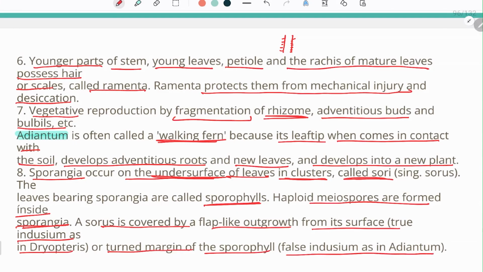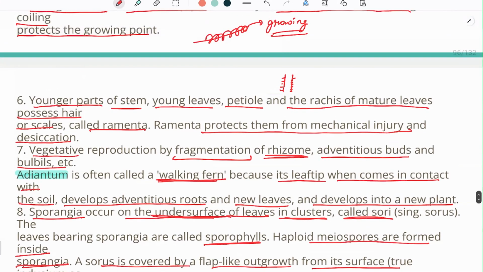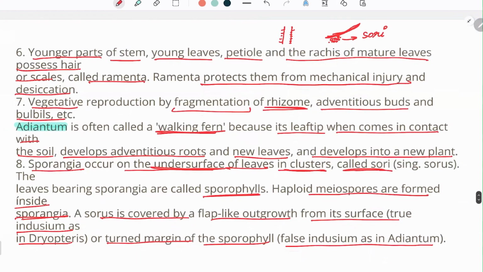So on the undersurface of the leaves, there are some clusters present. If we assume that this is the leaf, the clusters present are termed sori. And these sori are actually sporangia, inside which meiosis takes place and meiospores are produced.